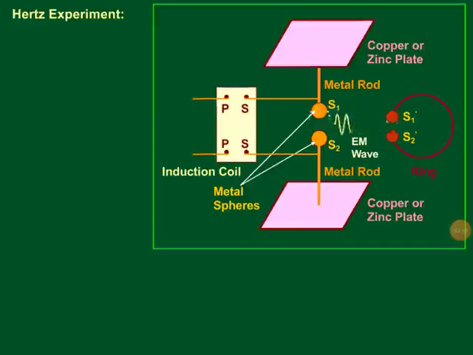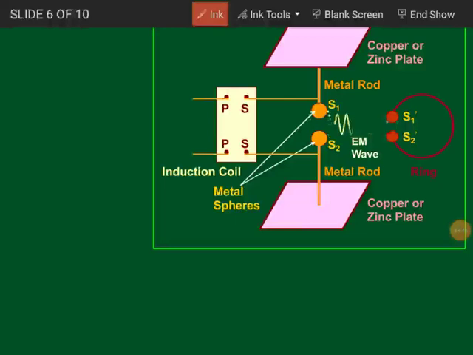The first part here is the production of electromagnetic waves, and this part is the detection of electromagnetic waves. That means the spark coming in between the two spheres S1 prime and S2 prime is due to the detection of electromagnetic waves.